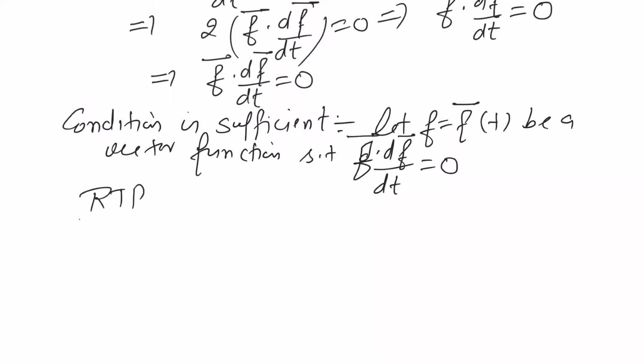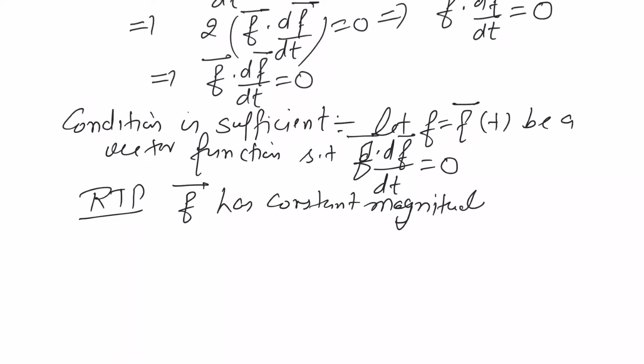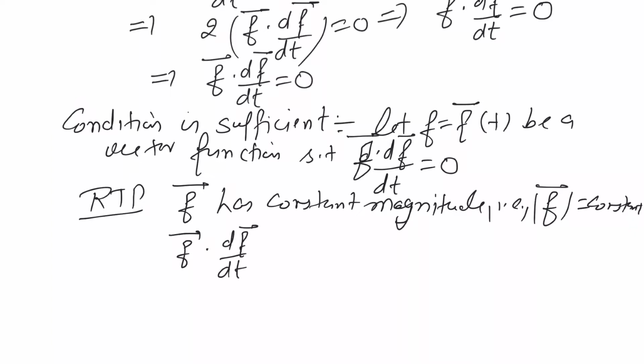Required to prove f has constant magnitude, that is, the magnitude of f is constant. Now we are given that f dot df by dt is equal to 0. This thing is given.